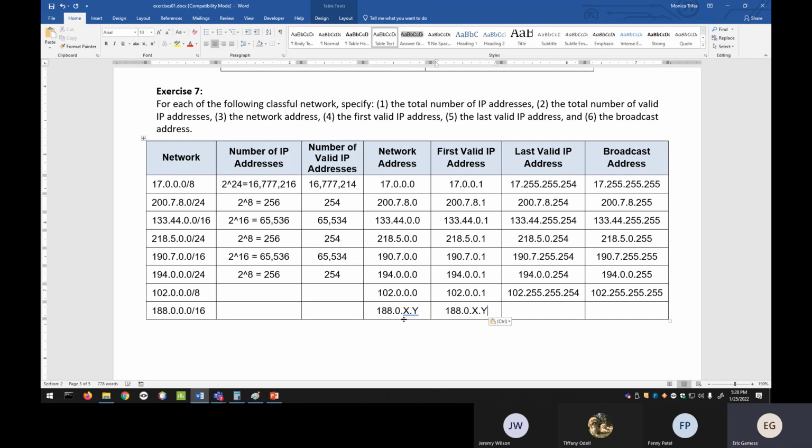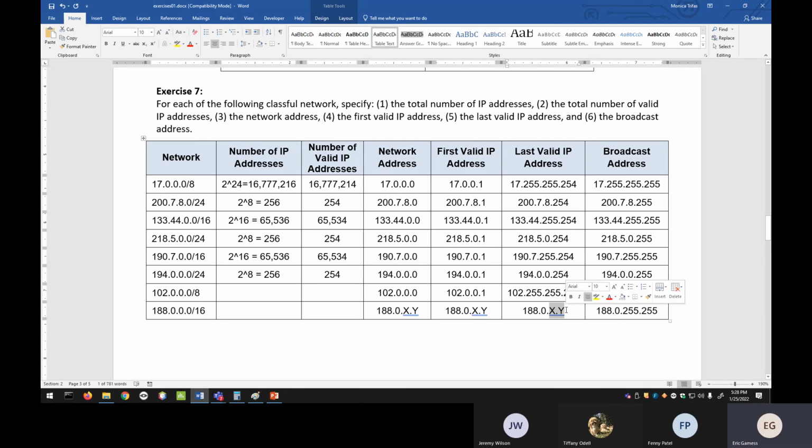If I ask you the broadcast address, how will you change X and Y to have the last IP address? You put 255 for X and 255 for Y. So 255 and 255 means that the last 16 bits, I put all of them in one.